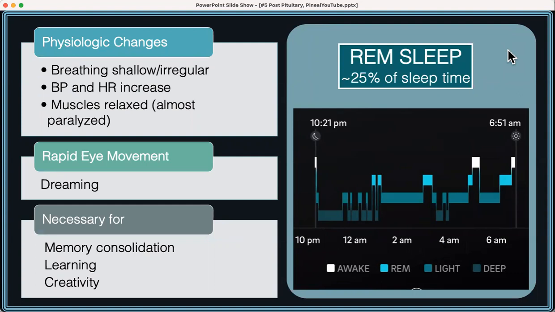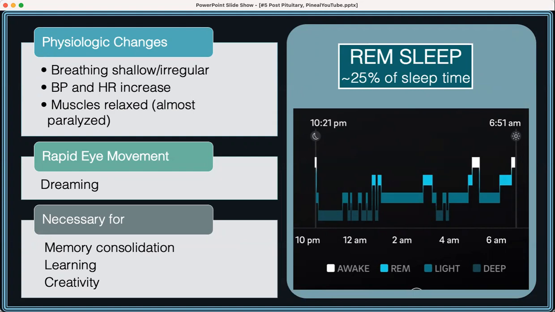In contrast, REM sleep is about 25% of the sleep time. The breathing is shallow, irregular, so it's almost as if you're awake. But what happens is that for some reason the body gets paralyzed, and perhaps it's because you're going into this dream state, and if you weren't nearly paralyzed, you'd be kicking around, thrashing, and losing lots of energy.